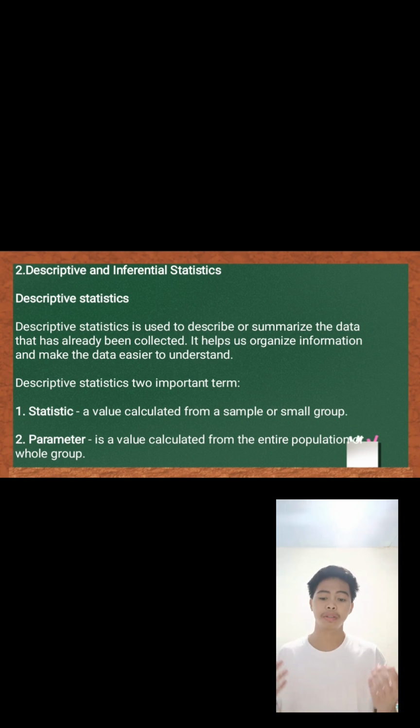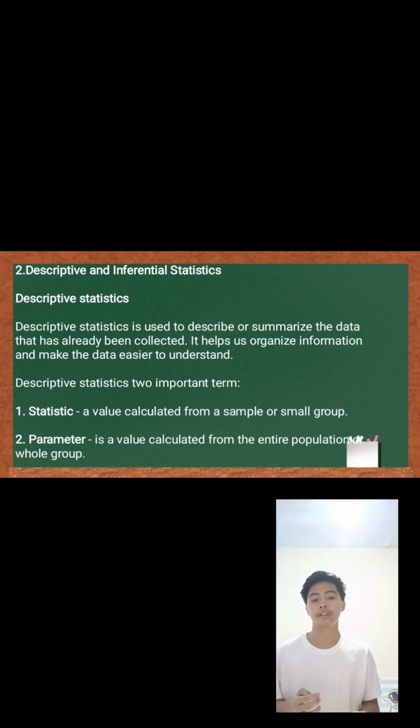Descriptive statistics is used to describe or summarize the data that has already been collected. It helps us organize information and make the data easier to understand. For example, a teacher may calculate the average score of the class in a test. This helps summarize the students' performance.